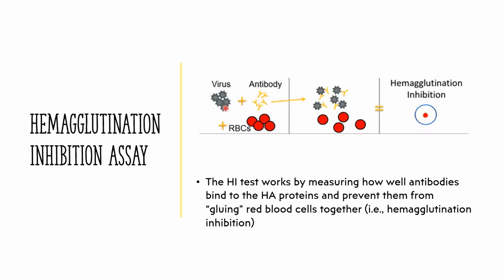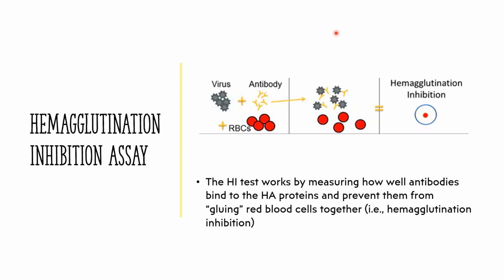Hemagglutination inhibition assay. The hemagglutination inhibition test works by measuring how well antibodies bind to the hemagglutinin proteins and prevent them from gluing the red blood cells together. That is hemagglutination inhibition. When antibodies are pre-mixed with the influenza virus followed by RBCs, the antibodies will bind to the influenza virus antigens that they recognize, covering the influenza virus so that its hemagglutinin surface proteins can no longer bind to RBCs.